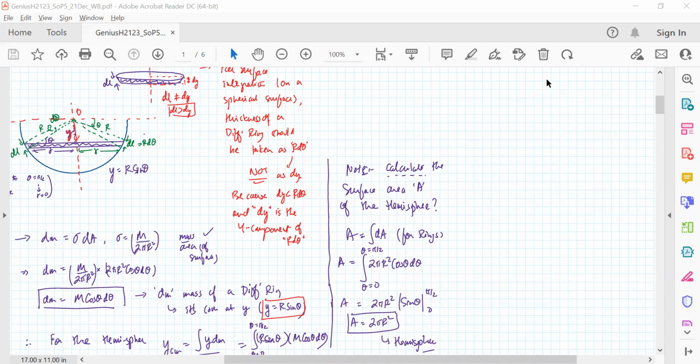Okay, so this is clear. Surface area of hemisphere. People written this down? Yes, sir, 1 minute. Okay, just finish this, then we'll discuss further.